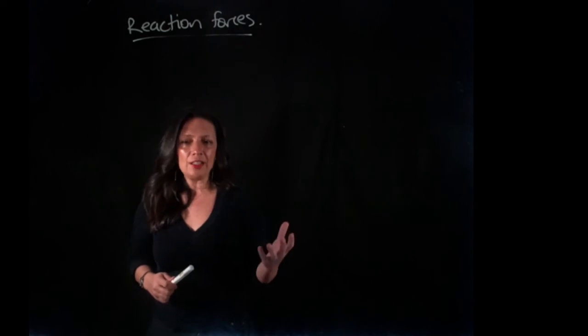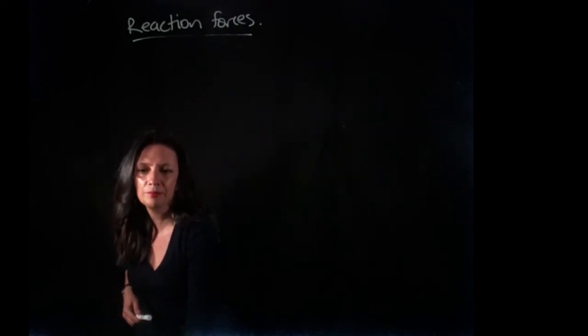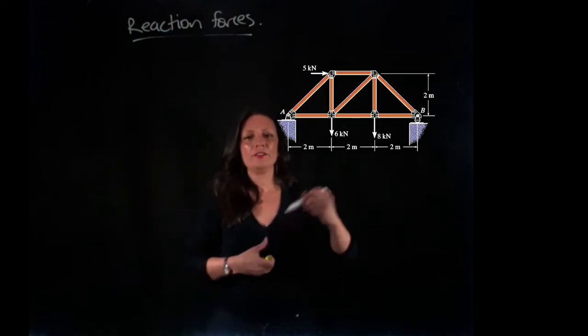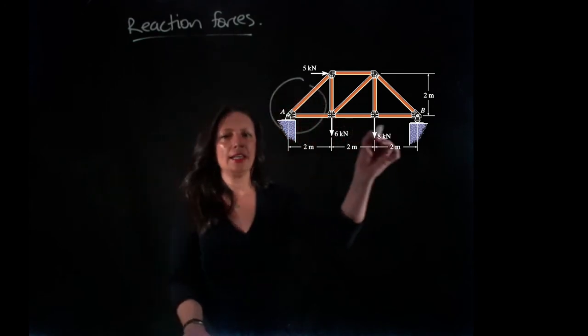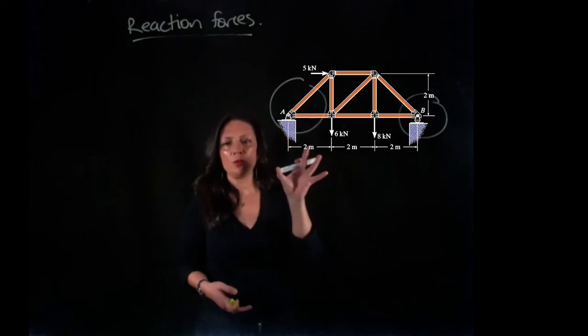So if we take a look at the truss problem that we looked at in the previous video, here we have reaction forces at A and at B. Let's look at what these actually mean.